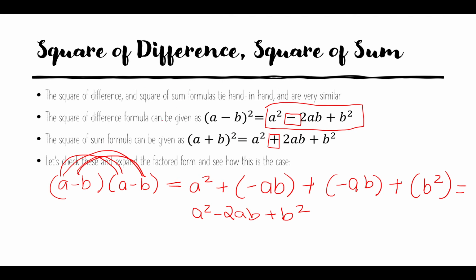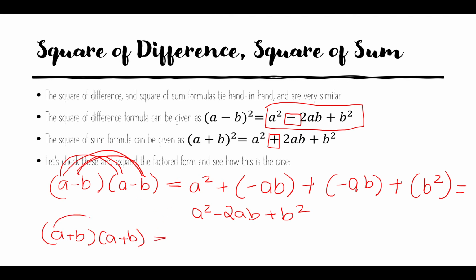Now let's expand and FOIL out the square of sum formula. The square of sum formula is given as a plus b times a plus b. And let us FOIL this out.